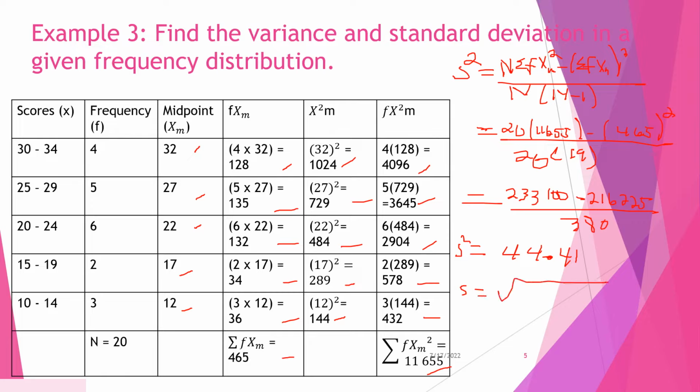The square root of 44.41 is approximately 6.66. So the standard deviation is 6.66. Okay?